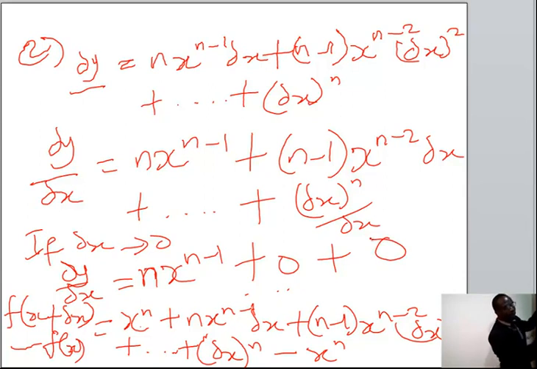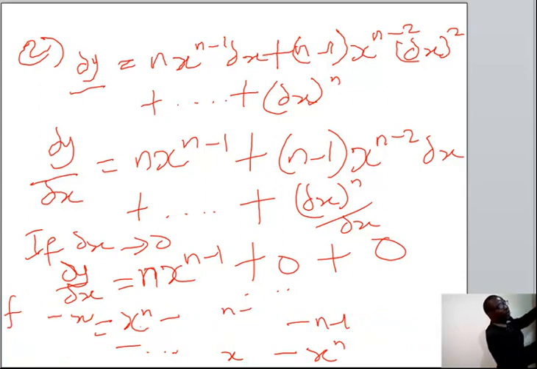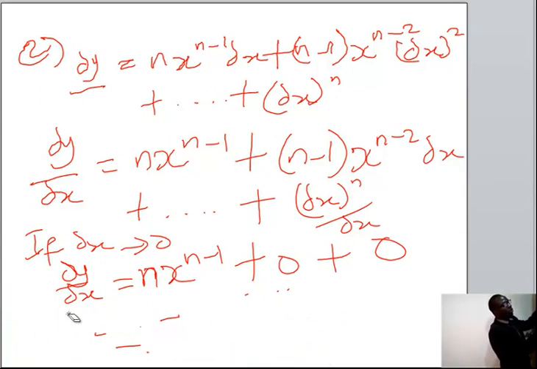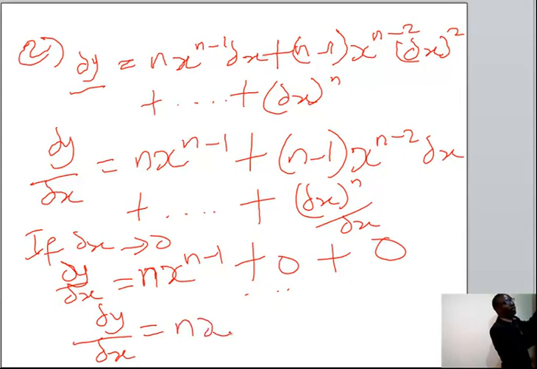Now we have the general representation of the derivative of a polynomial, which is equal to dy/dx equals n x raised to power n minus 1, and that is exactly how to differentiate.